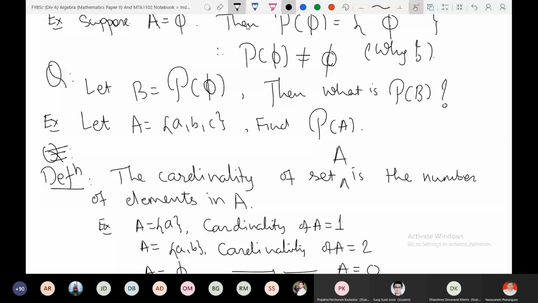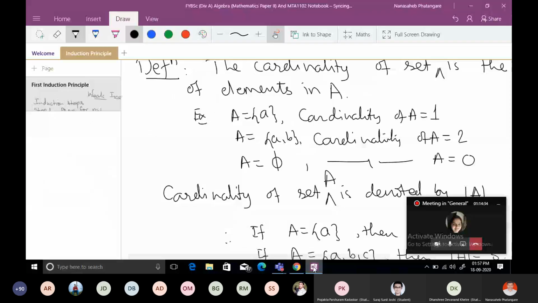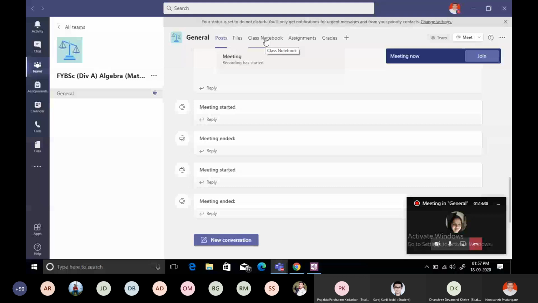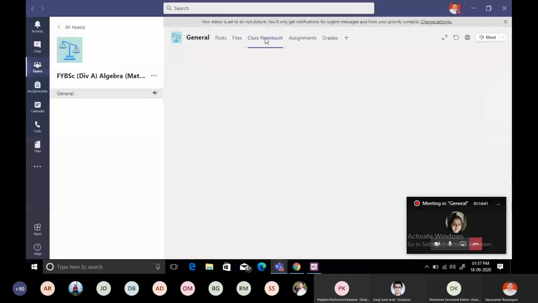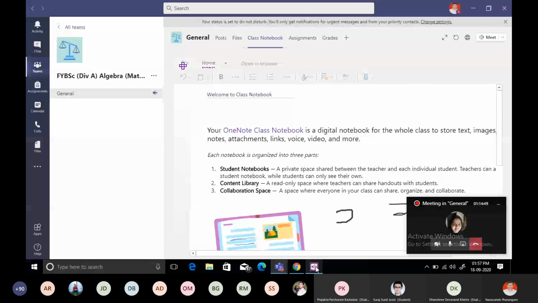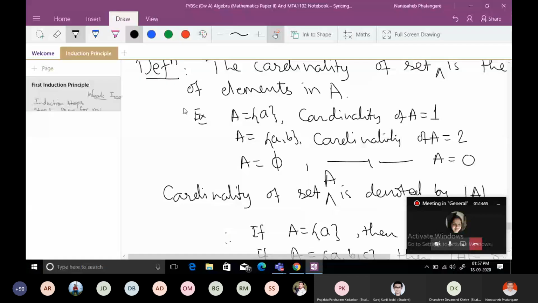In that notebook, you will find this notebook for our class. Can you see my screen now? In this class notebook section, you can find whatever discussion of today's lecture, and every time I can write in this notebook, and you can see it, right?